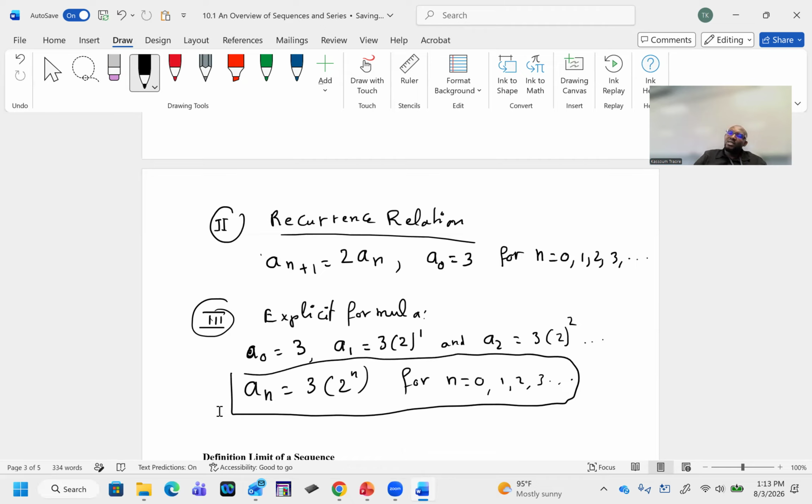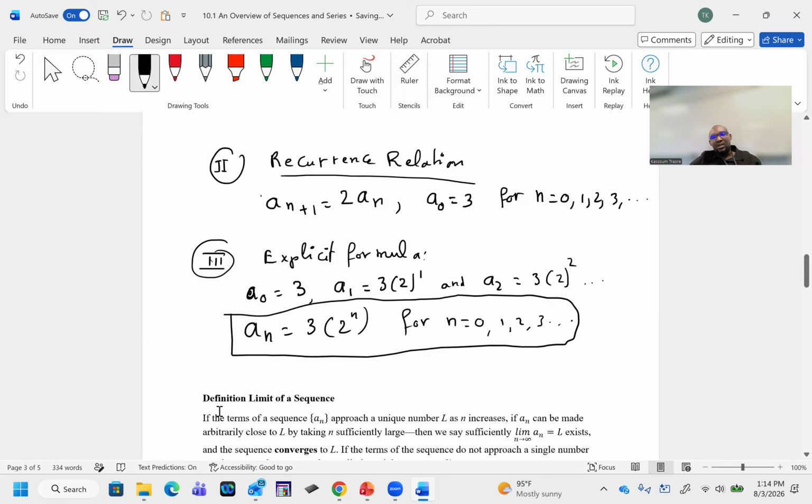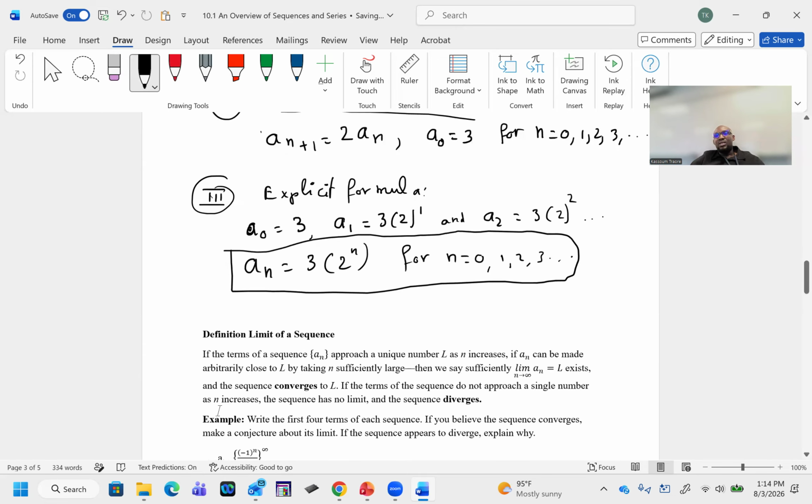Okay, so I hope you have an idea about sequences. Definition: limit of a sequence. Perhaps the most important question about a sequence is this. If you go further and further out in the sequence, like a sub 100, a sub 10,000, and so on, how do the terms of the sequence behave?